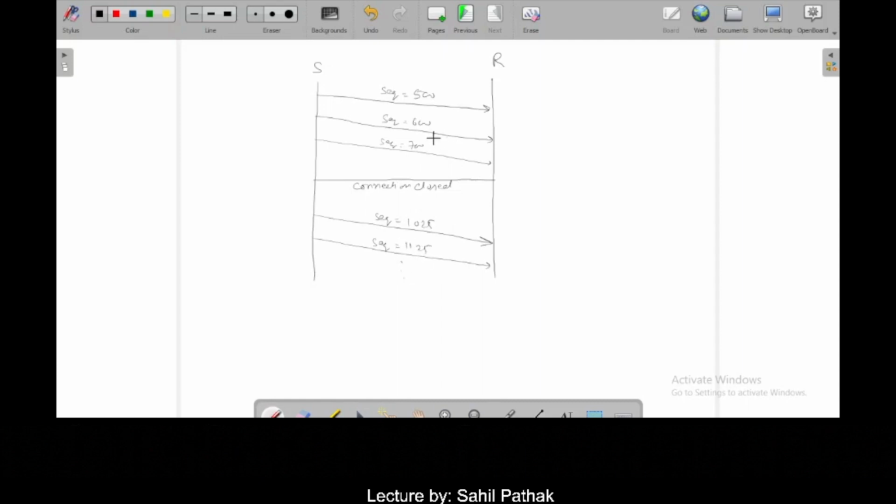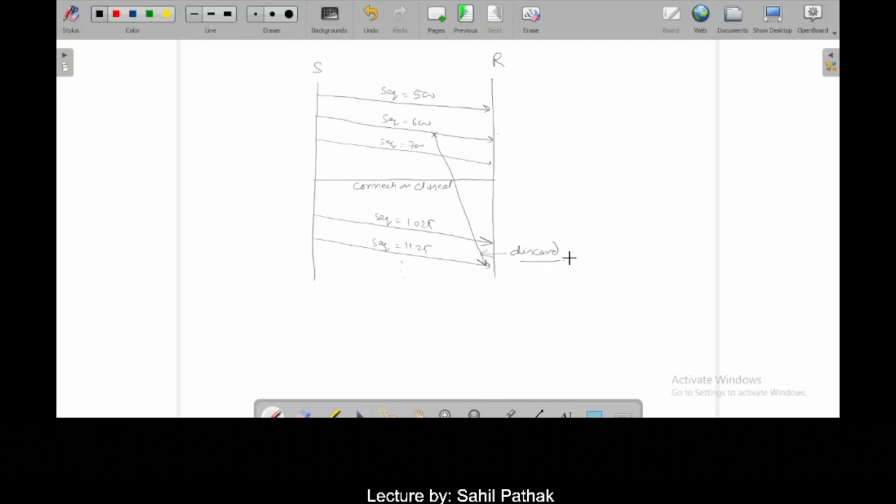Even if this packet is delayed and it reaches now, the receiver will get to know that 600 is not the sequence number that I am expecting, and that is not even in the range of the sequence number I am expecting. So it will simply discard the packet.